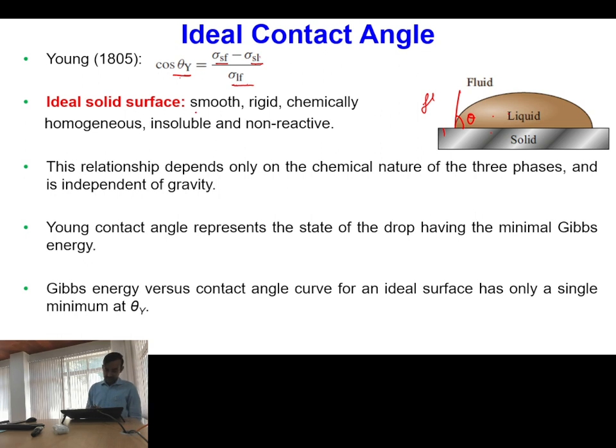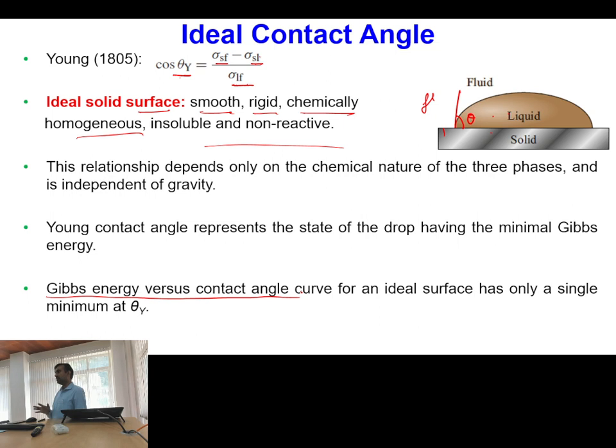This is for an ideal solid surface which is smooth, rigid and chemically homogeneous; then this equation is applicable. It indicates the situation where you have the lowest Gibbs free energy. Ultimately the system settles to the situation where free energy is minimum, and there you will find your equilibrium drop behavior.